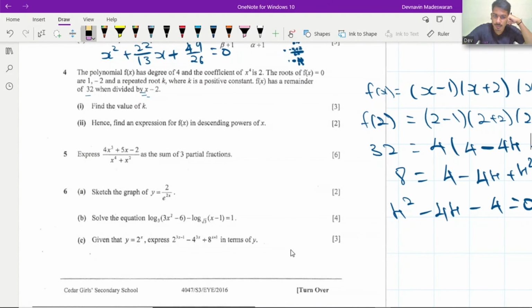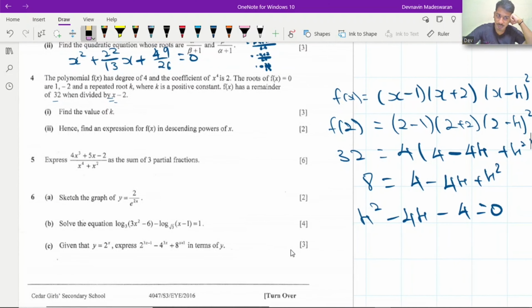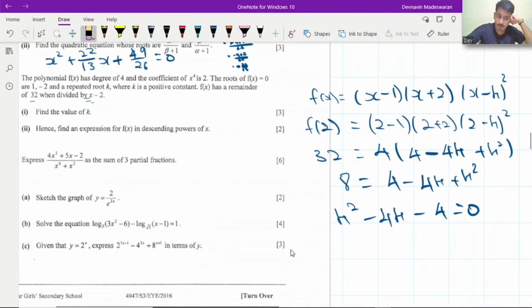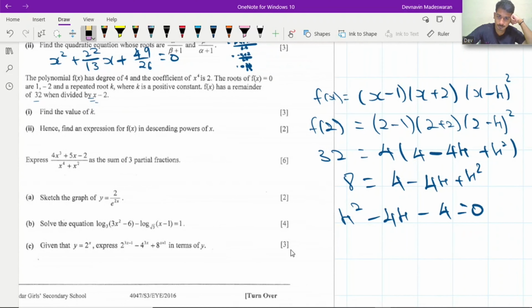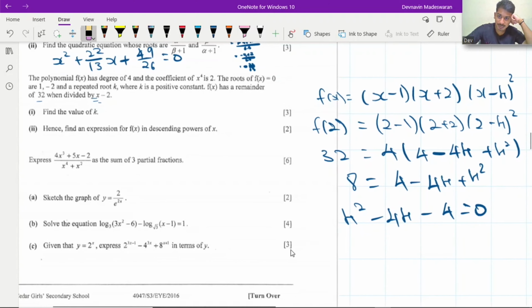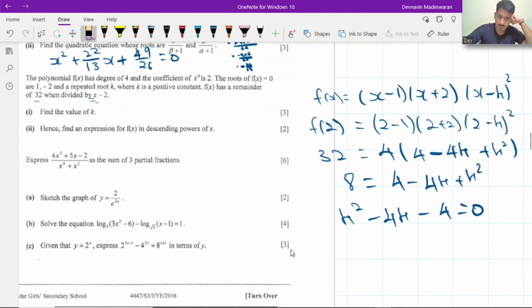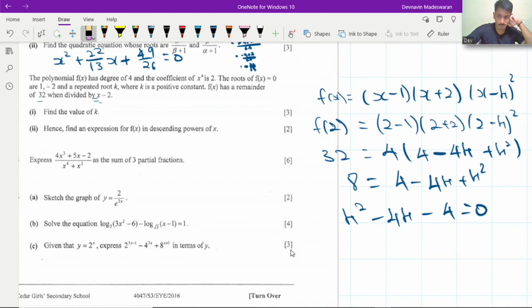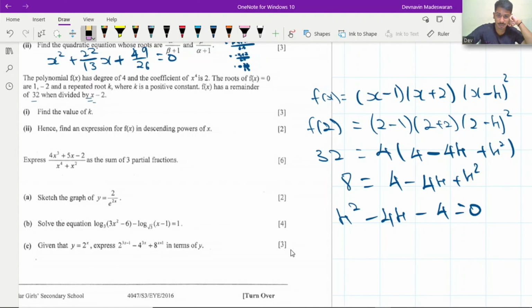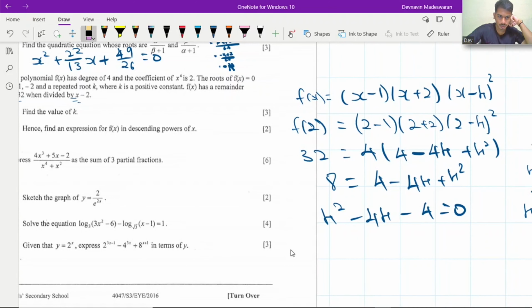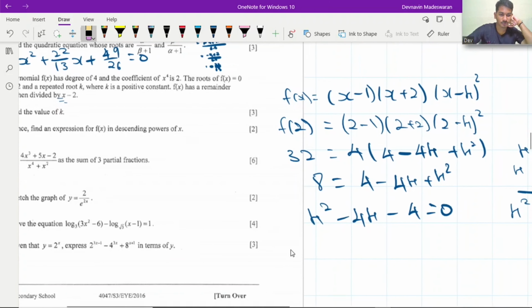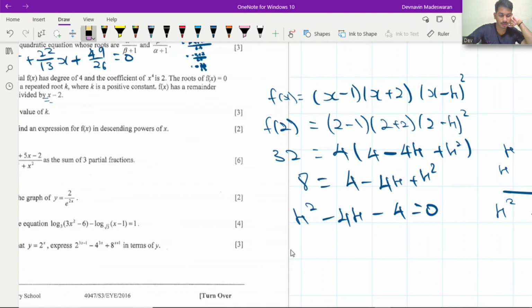Let me try again. x minus 1, then x plus 2, and then x minus k squared. When it's divided by x minus 2, you sub in 2, you're going to get 32 as the answer. So 1, 4, and then 2 minus k squared.